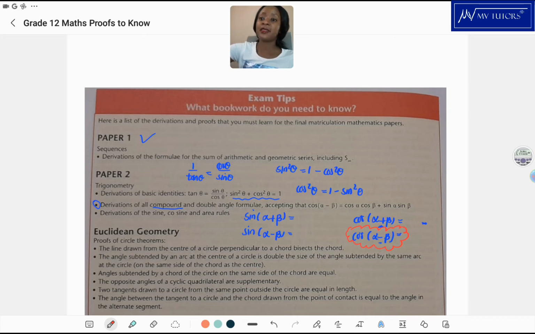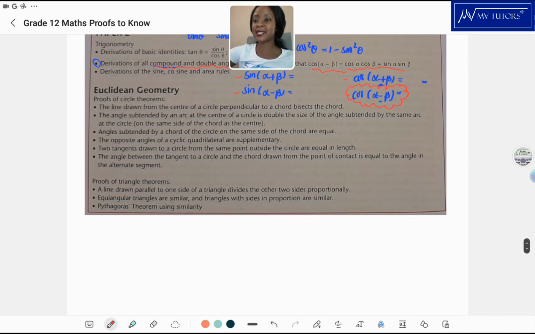So our focus is the compound and double angle formulae: proving cos alpha minus beta is equal to that, getting other expressions from that one, as well as looking at the double angle formulae and how we actually get them. So let us attempt it.